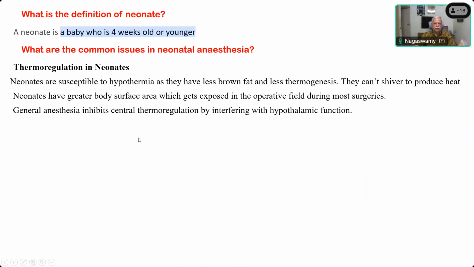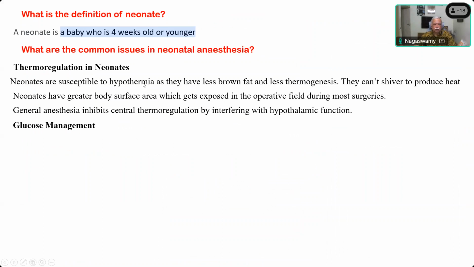The third reason is that any patient who undergoes general anesthesia turns from a homeothermic to a poikilothermic individual. They will take up the temperature of the ambience of the area. So that is the third reason for their loss of temperature.